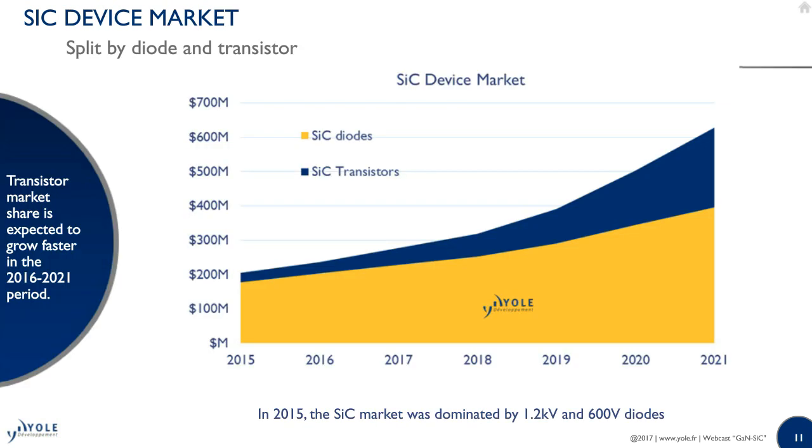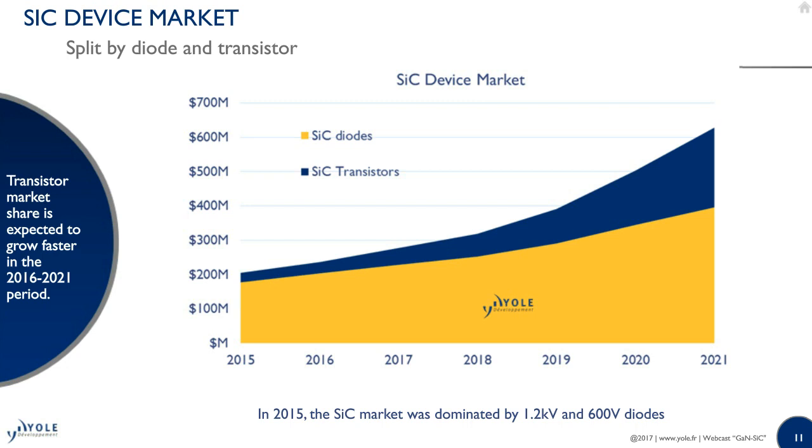So we have estimated the market in 2016 for all SiC devices, including diode and MOSFET, at a little bit more than $200 million, and the market is forecast to grow to more than $600 million in 5 years' time.